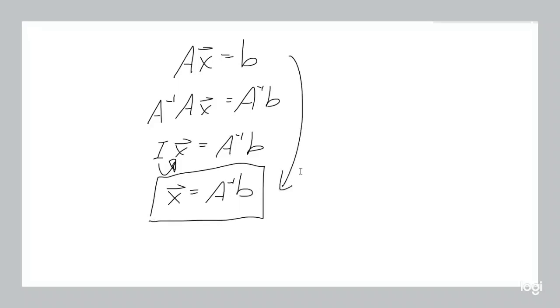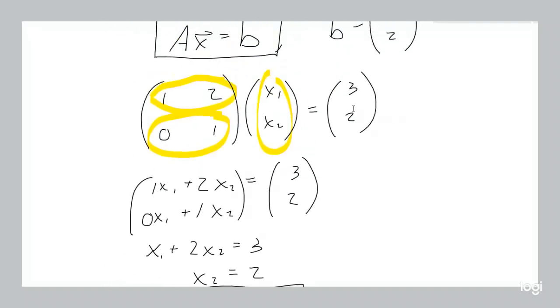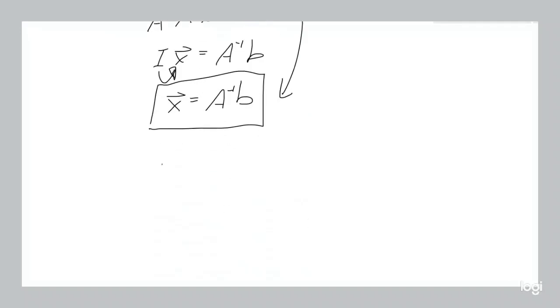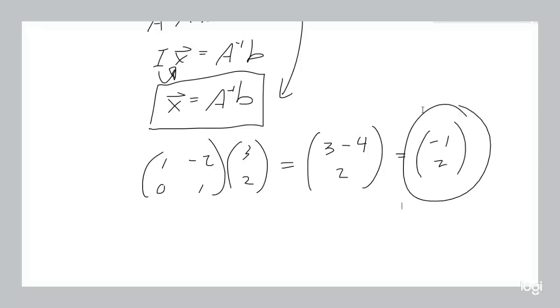So if we know what A inverse is and we know what B is, we can solve for x. We can just take that B, which is 3, 2, multiplied by A inverse, which we've already calculated. So 1, negative 2, 0, 1 times 3, 2. So we get 3 plus negative 2 times 2 on the top, and we get 0 times 3, so 0 plus 2 times 1 at the bottom, and this gives us negative 1, 2. And that's our answer. That's what x1 and x2 are equal to.